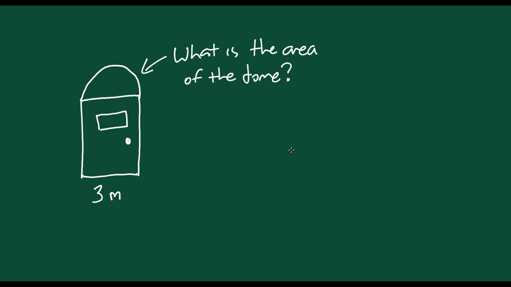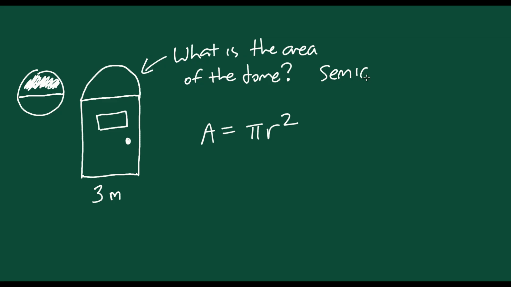Well, let's start with our formula. Area of a circle would be pi r squared. Now, how does this dome relate to a circle? A circle obviously would look something like this. And this dome is actually half of a circle. So this dome is a semicircle, one of the vocab for today.